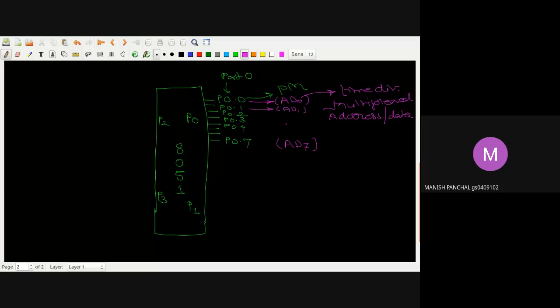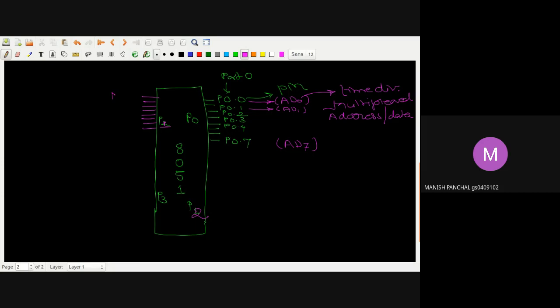If I'm talking about port 1, port 1 is here, and port 2 is here. Port 1 is just like this, with nomenclature 1, 2, 3, 4, 5, 6, 7, and 8. So this is port 1.